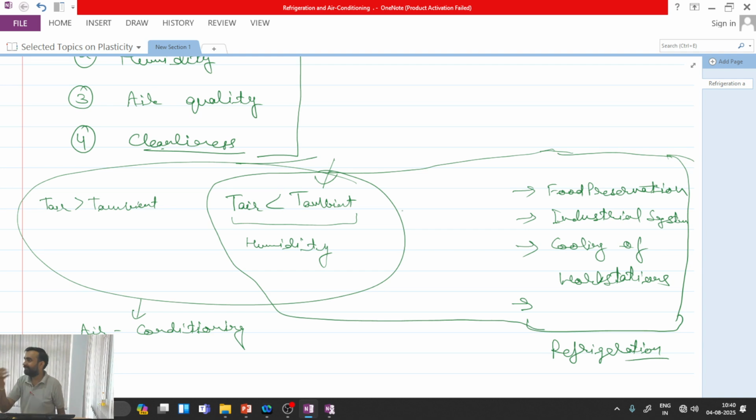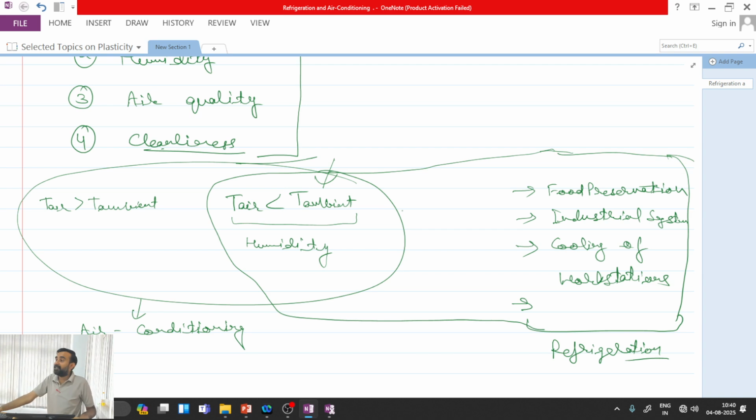Because of that, they come to liquid state, and we can segregate the different components one by one in a sequential process. So for that we have to achieve the boiling point of different substances, which means we have to perform the process of refrigeration. Is this point clear?